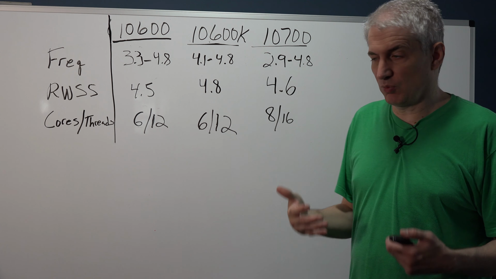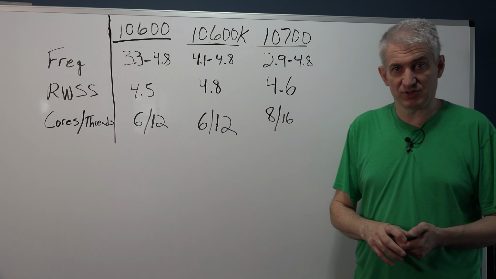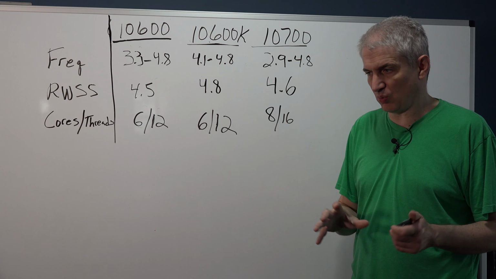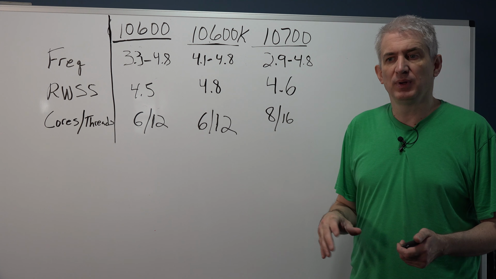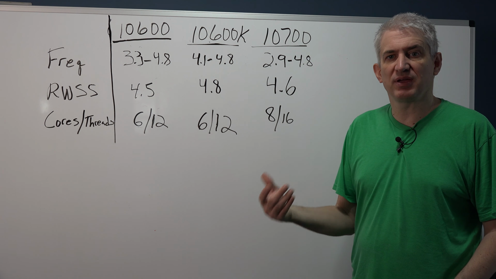For gaming, for simming, this really does not make much of a difference. In fact, it can maybe cost you a frame, one or two frames per second. Nothing to be worried about, but it doesn't help. Where it helps is in productivity apps like video editing and 3D rendering and modeling and things like that. So if you're just gaming or simming, this doesn't really make a whole lot of difference to you.